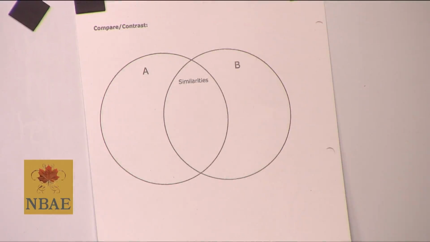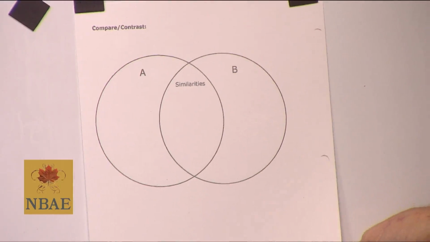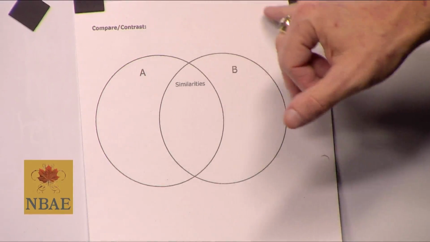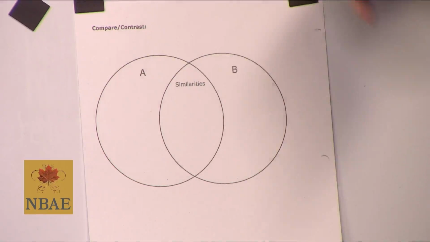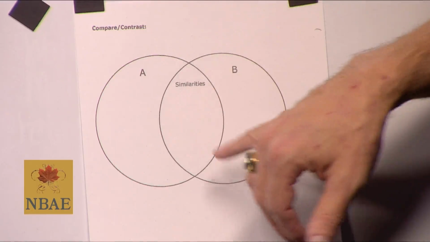One of the things I know one of my philosophy professors used to always use was animals. So we would have animals here, and then we would say dogs and cats. So what are the differences between dogs and cats? Dogs and cats are animals, but not all animals are dogs and cats. So we would be putting the similarities.